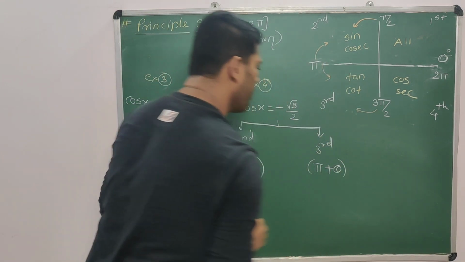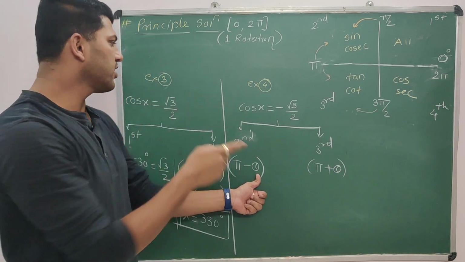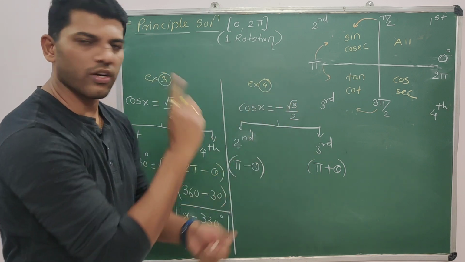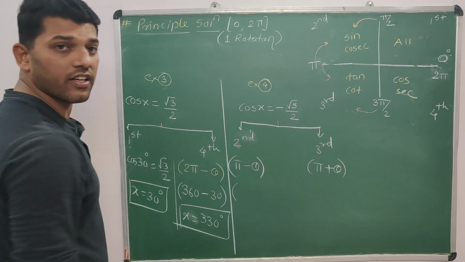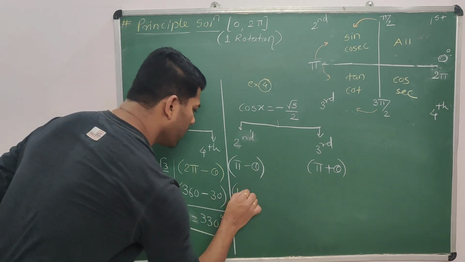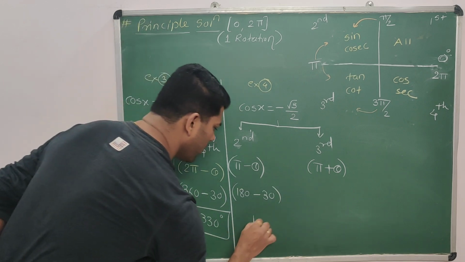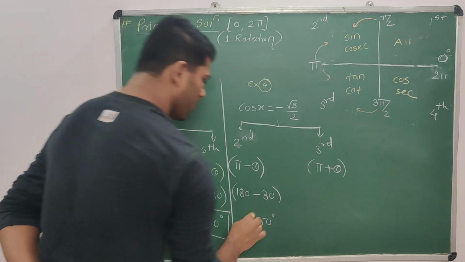And again, friend, I am asking you, what is theta? Theta is the basic angle for this value from the first quadrant. For root 3 by 2, cos is 30 degrees. So pi means 180, and theta means 30 degrees. How much is it? 150 degrees is the first solution, right?